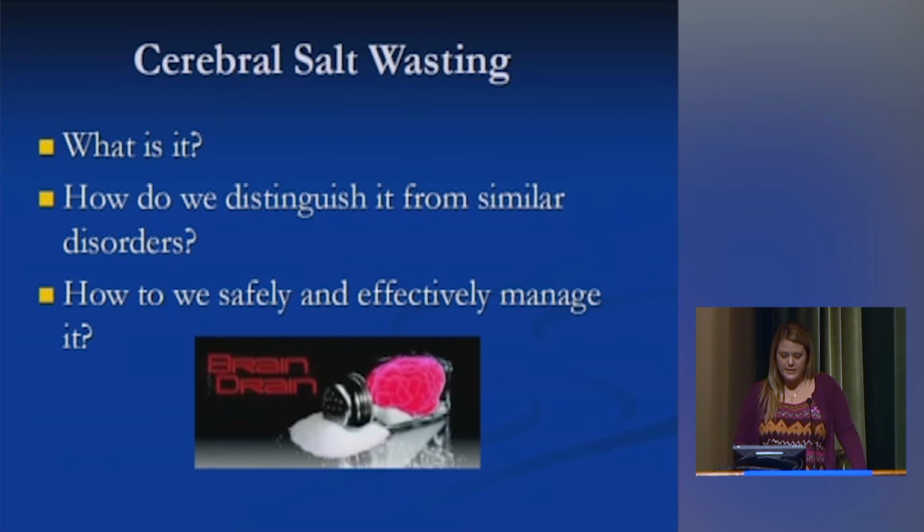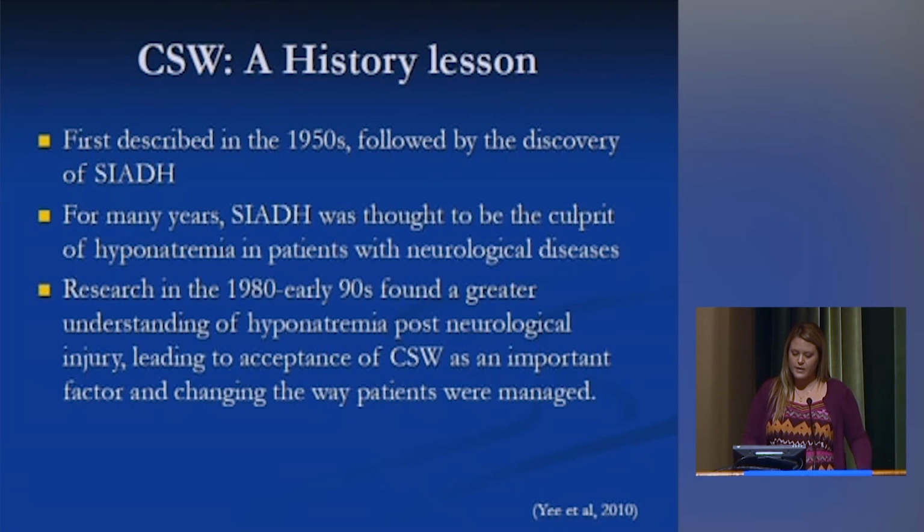Cerebral salt wasting is another disease process that we see most frequently in the neuro ICU. It's not as common as we might think, but I think most of you will relate to it when you think of your subarachnoid hemorrhage patients. It was discovered in the 1950s, right after the discovery of SIADH.